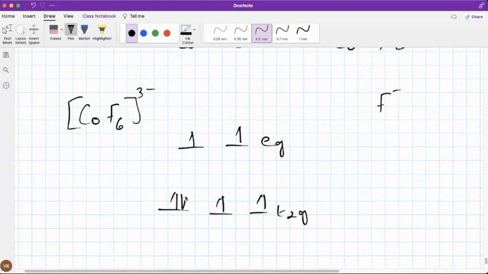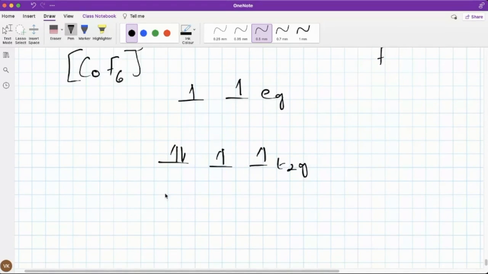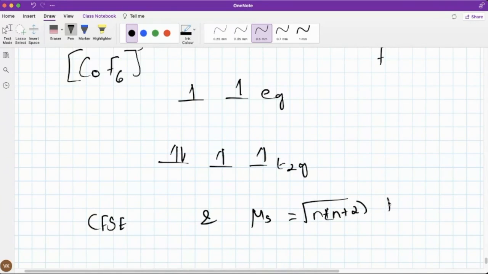So now you can calculate the CFSE and the spin only moment. How many unpaired electrons are there in total in the complex? You have to use the formula root of n into n plus 2 Bohr magneton.